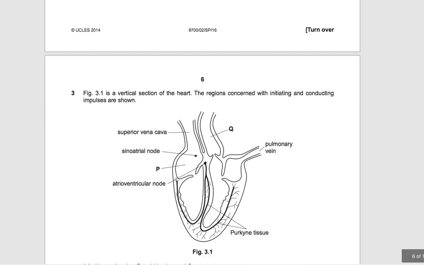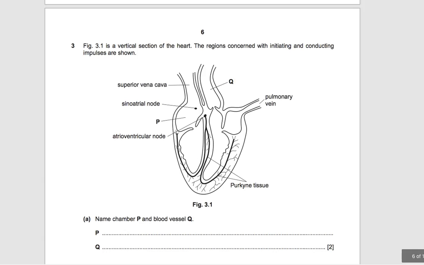Okay, question 3. Figure 3.1 is a vertical section of the heart. The regions concerned with initiating and conducting impulses are shown. Name chamber P and blood vessel Q. So, firstly, P would be the right atrium.